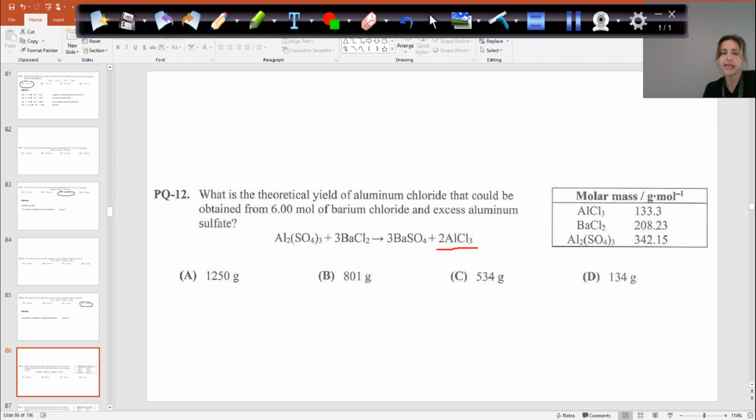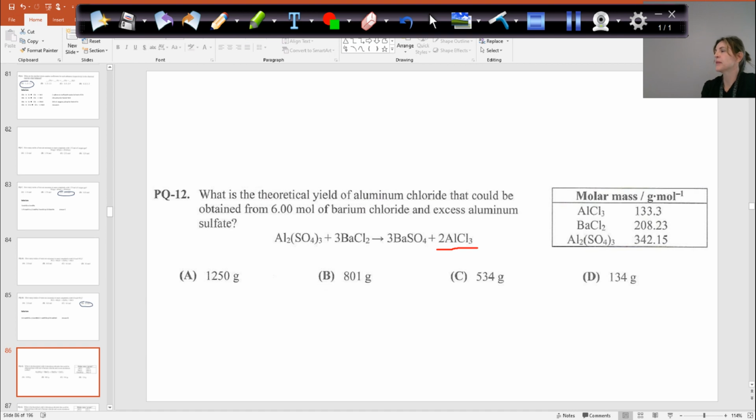That could be obtained from 6 moles of barium chloride and excess aluminum sulfate. Now, if it says excess, what does that mean? It means that the aluminum sulfate is not the limiting reactant.